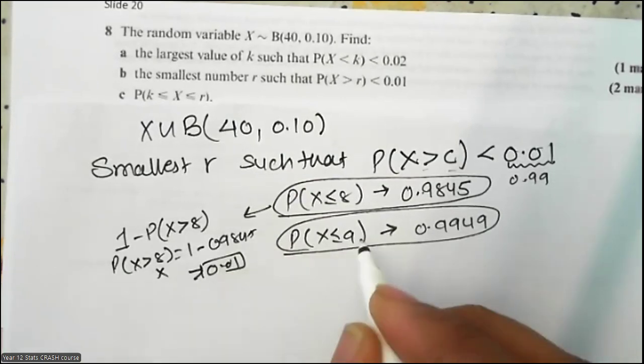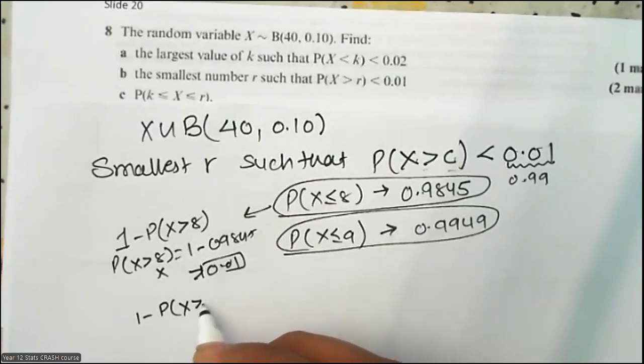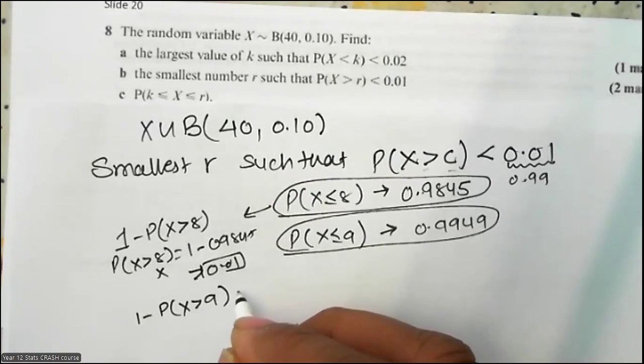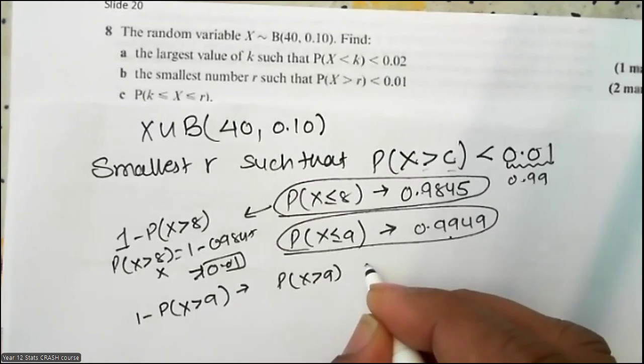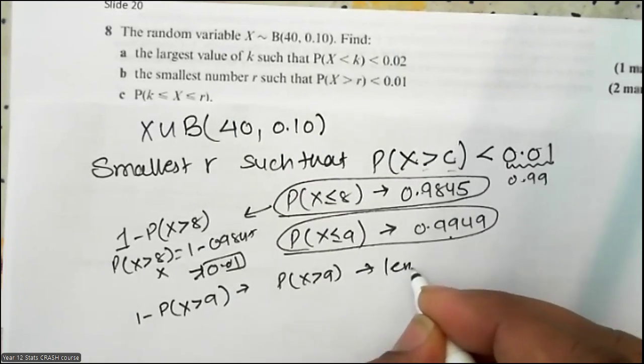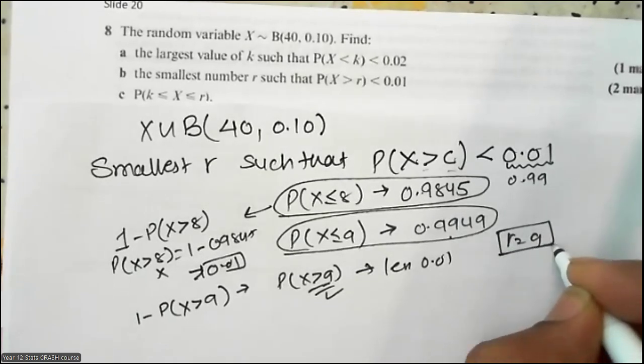Okay, so I don't want that. And 1 take away probability of x less than or equal to 9 is that number. So I get probability of x greater than 9 will be less than 0.01. So that's the number I want. So my R equals 9.